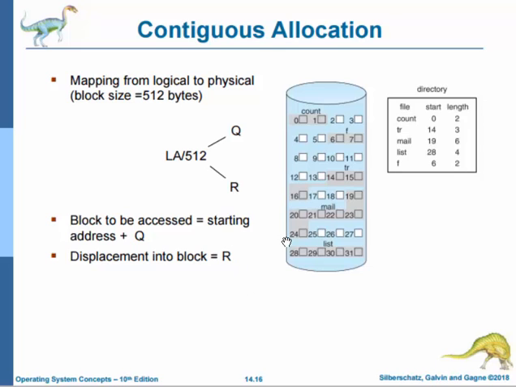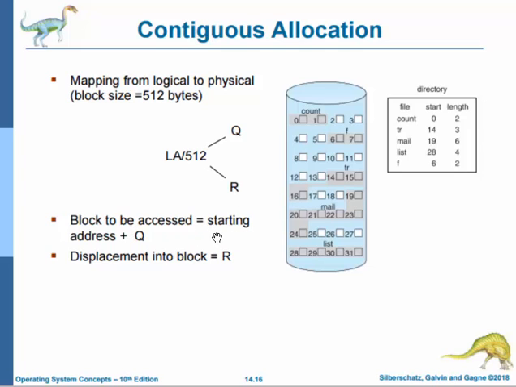Okay, so as you can see from the illustration, contiguous allocation is easy to implement but has limitations, and it's therefore not used in modern file systems. So you can see from here the mapping from logical to physical address, assuming a block size of 512 bytes.